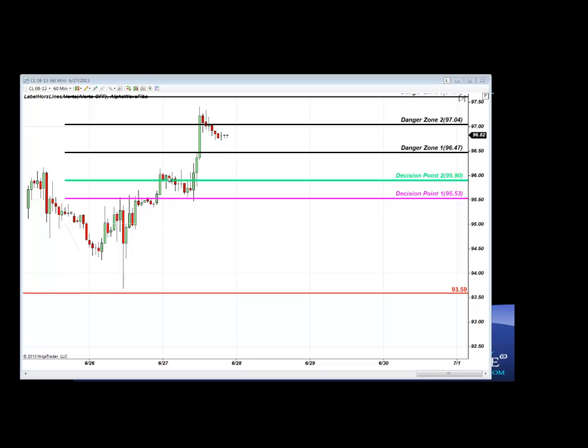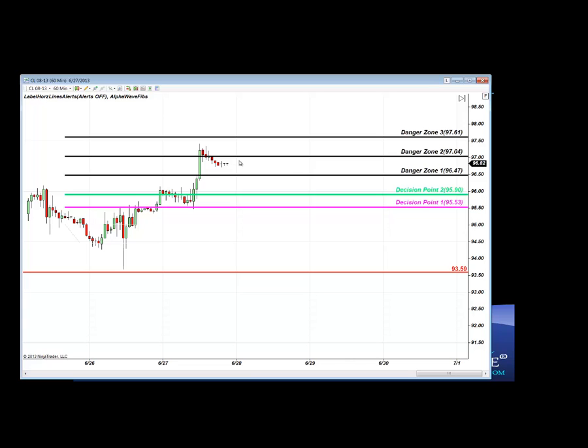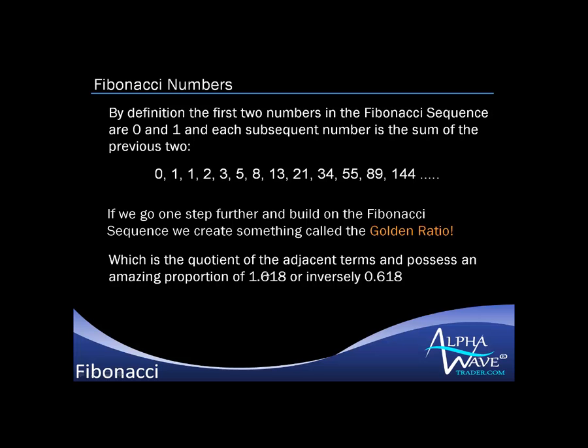Here's my decision point 2. I know better than to enter into this level, and this is where I took the long from, only for price to get exhausted when it reached the danger zone. That's why I precisely named this level the danger zone level. Yes, the danger zone is the trend exhaustion level.